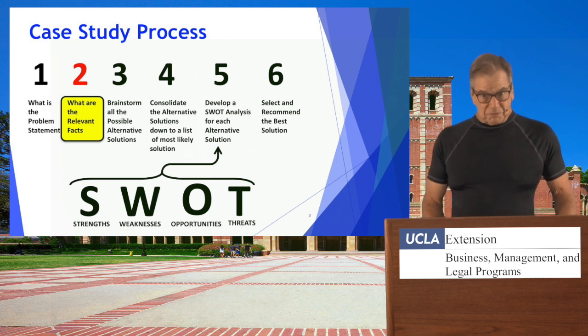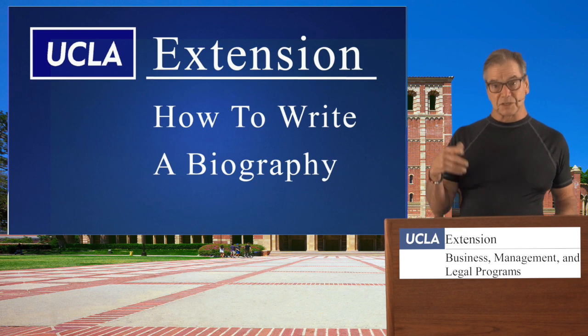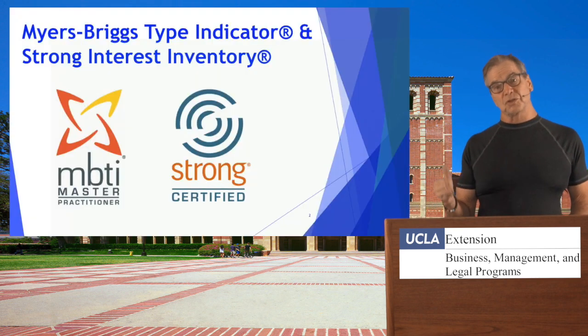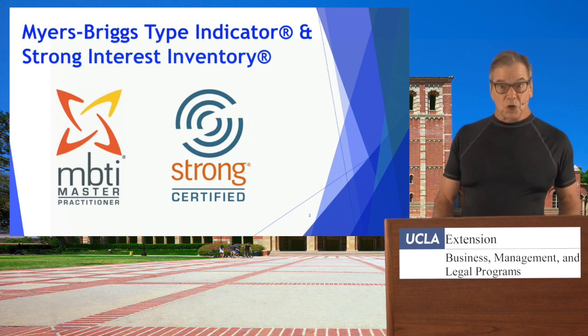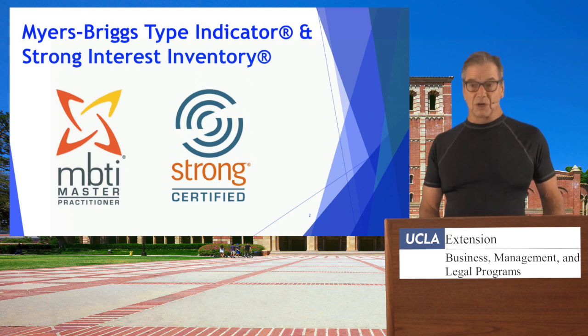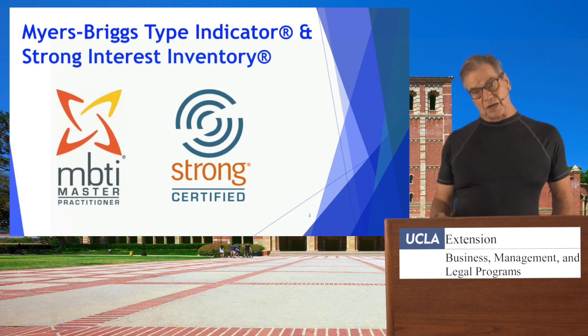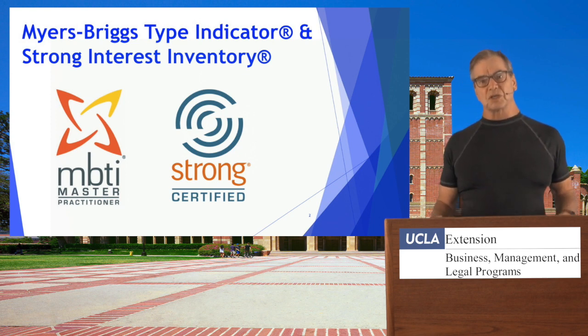First is a biography, and we have a whole video on the biography, which you're going to be actually seeing next. But I encourage people to figure out what their Myers-Briggs type indicator is and their career code. What are their most dominant career workplace skills before writing the biography, because it gives you much more insight into where these skills came from.